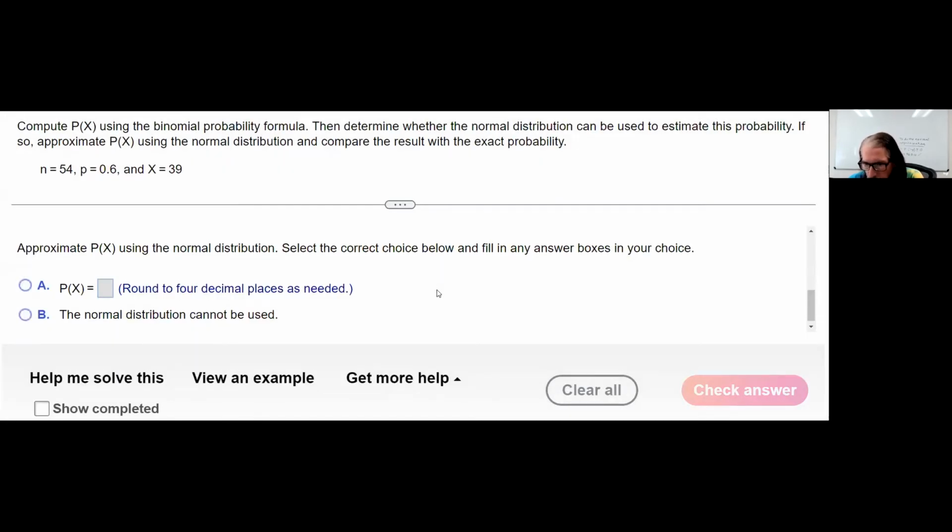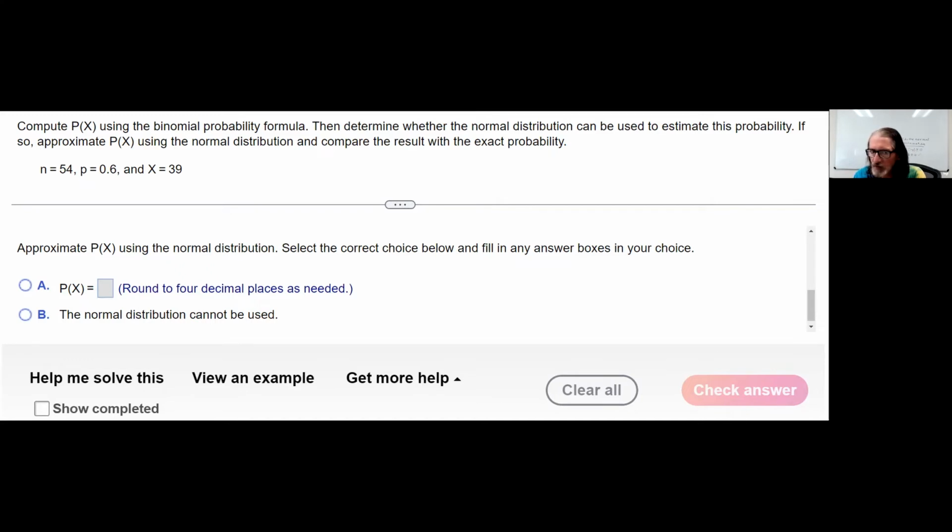Now, we have a number of options for computing this, either using z-scores or tables. And I'm going to show all of those in this example. But first, we have to apply the continuity correction.